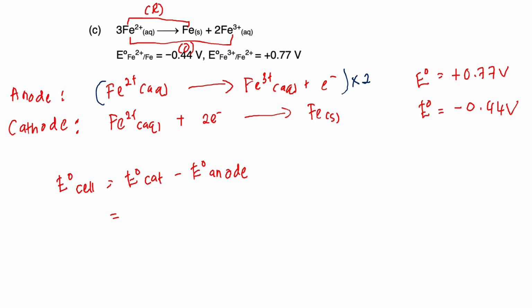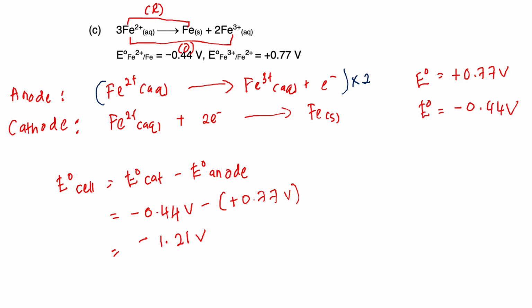Now, E naught cathode, our cathode here is negative 0.44 volt minus our anode here, which is positive 0.77 volt. So what are we going to get here? We are going to get negative 1.21 volt.